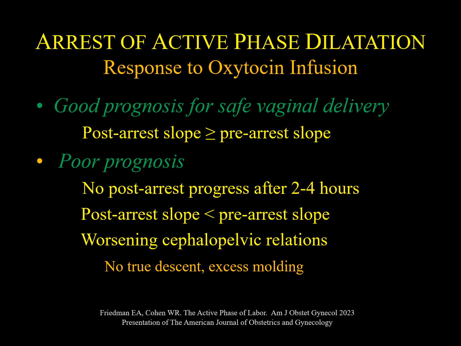If, however, after 2 to 4 hours of oxytocin, there has been no change in dilatation, or the post-arrest slope is less than the pre-arrest slope, or if cephalopelvic relations are worsening, the prognosis for vaginal delivery is poor.